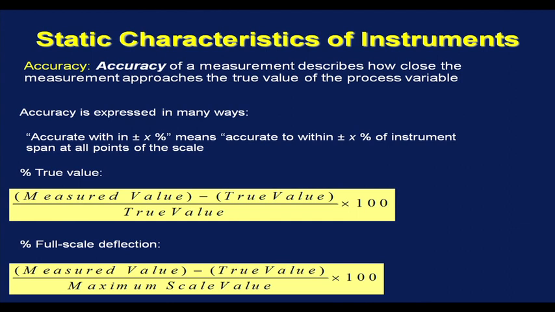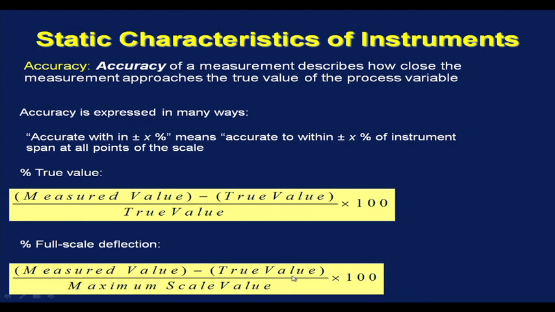Accurate within plus minus x% means accurate to within plus minus x% of instrument span at all points of the scale. Accuracy can also be expressed in terms of percentage true value, which can be expressed as measured value minus true value divided by true value multiplied by 100.